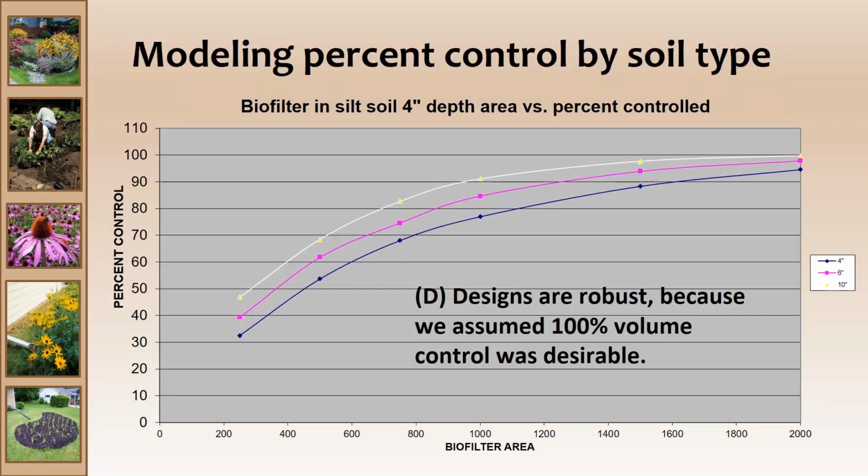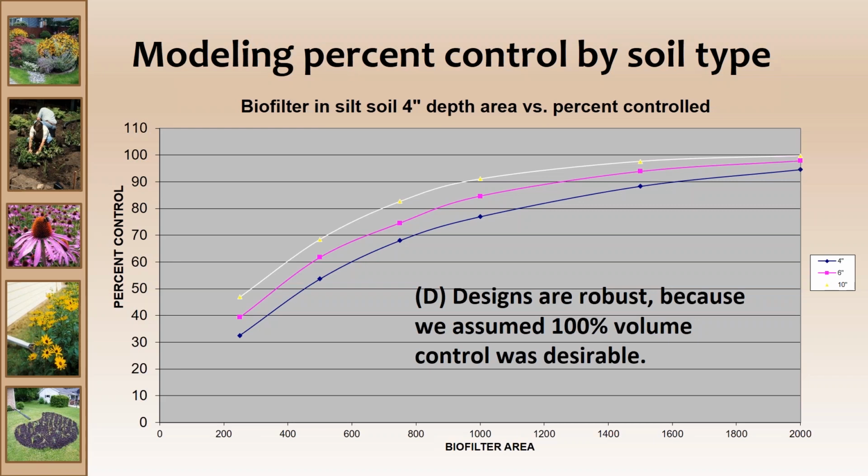Let's go to the next slide. So here's some lines that I just drew for you, showing the percent control on the y-axis and the area of the rain garden on the x-axis. If you look at the red line, that's for a rain garden that is 6 inches deep. And again, these are the variables that I put into the model over and over and over again to get the curve you have in front of you.